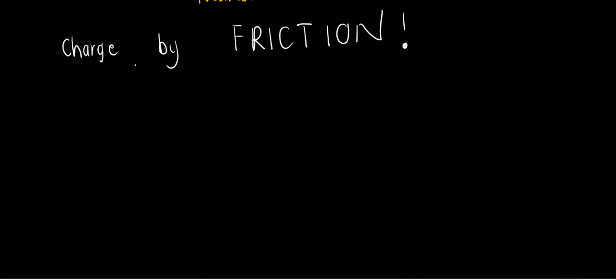Friction. Can you please turn your page to page 83? Then we will see you have a triboelectric series there. Now that's all the substances you have that can be rubbed together. So we talk about triboelectric charge.